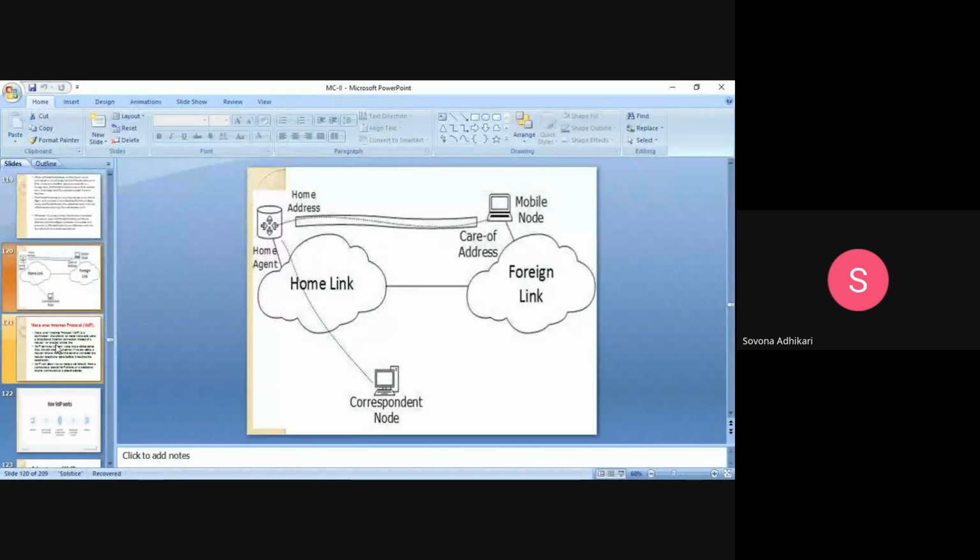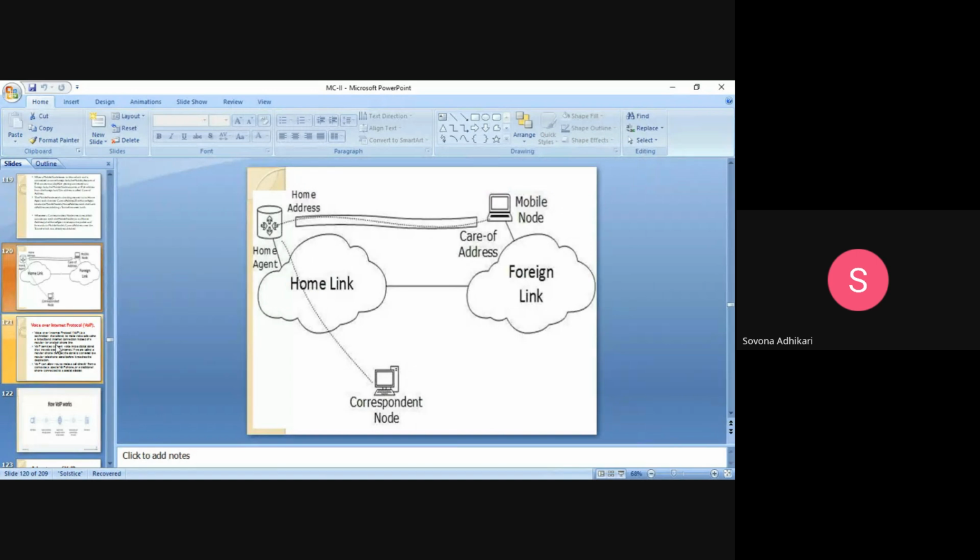And the mobile node, which has already entered the foreign link, acquires a new address and sends the new IPv6 address to the home agent. The home agent maps or binds that home address with the new address, and a tunnel is established. You see, there's a tunnel established, a pipe-like structure.